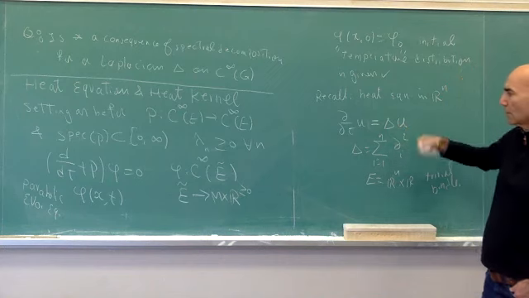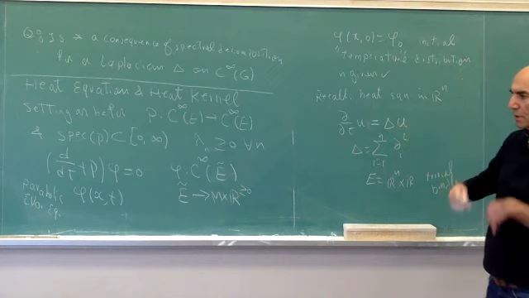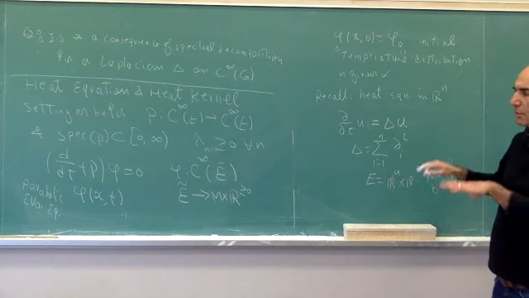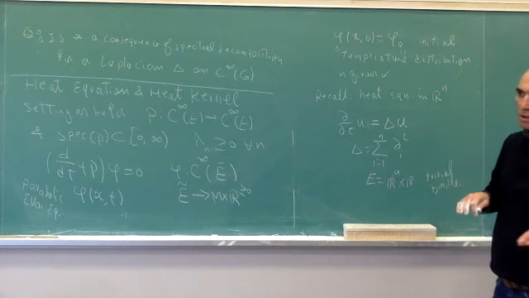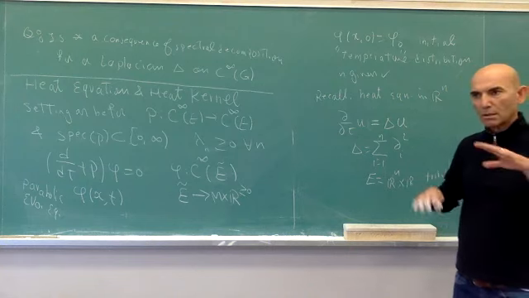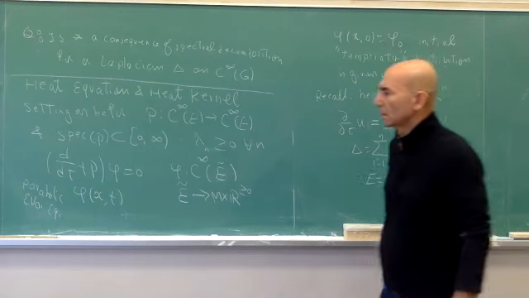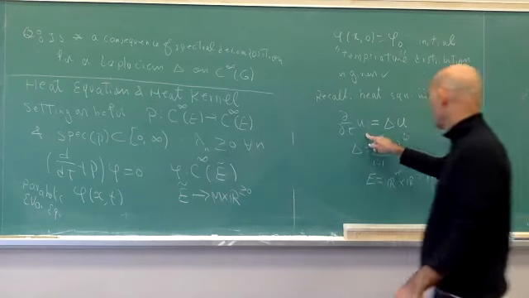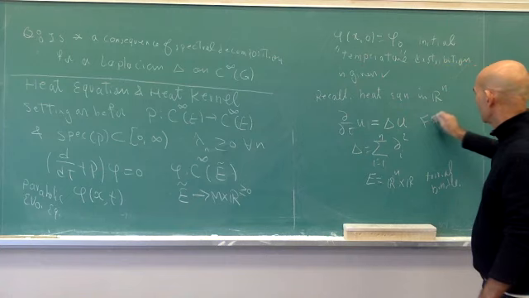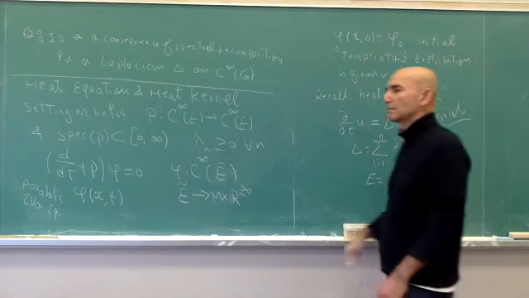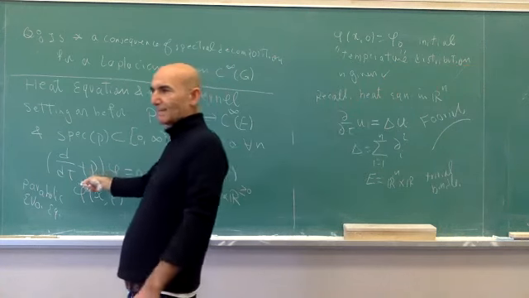It governs the distribution of heat in time. As time evolves, heat goes from hot places to cold places, and it balances itself. This is due to Fourier, of course, and this is a generalization of that.